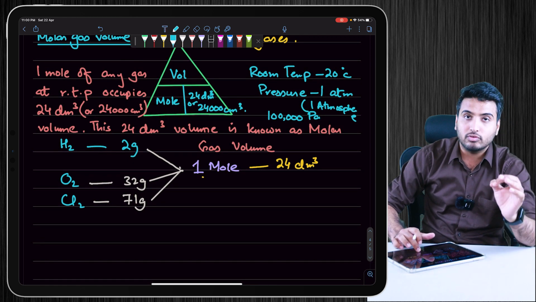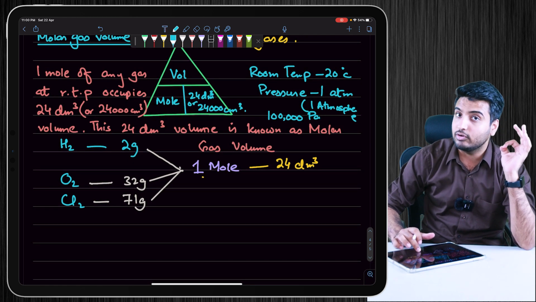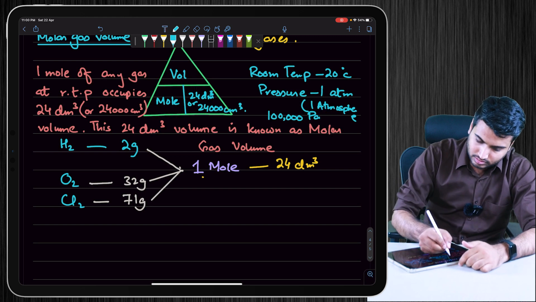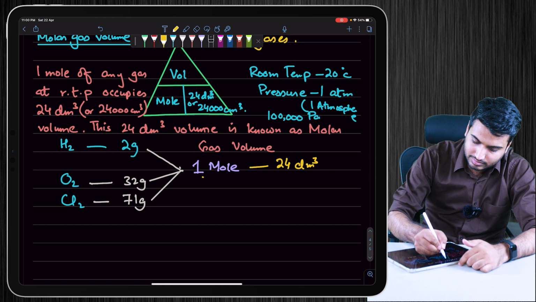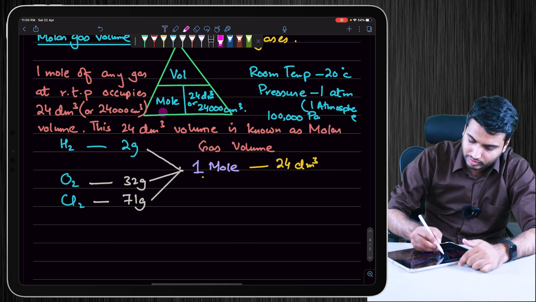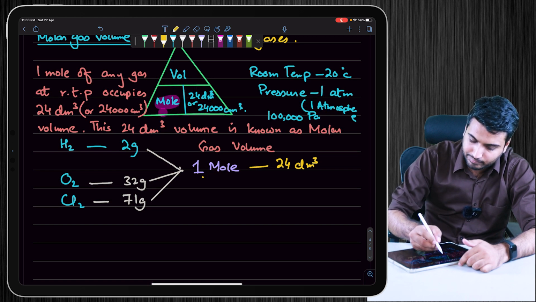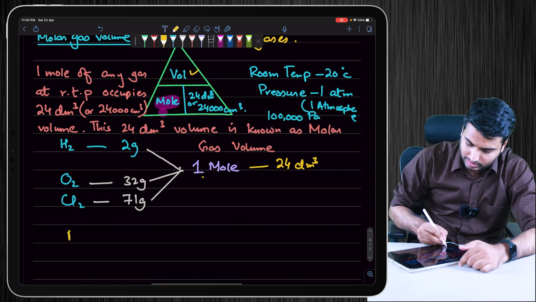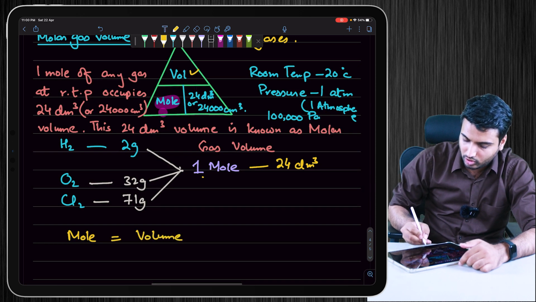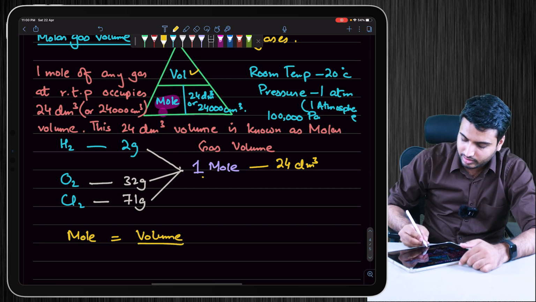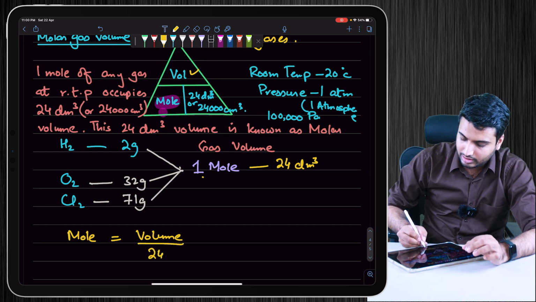If we need to find the moles of any gas, what would the formula be? As we have moles over here, to find moles of any gas, it would be volume, as it is on the top, divided by 24 dm cube.